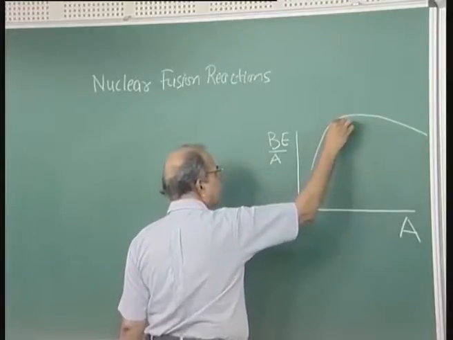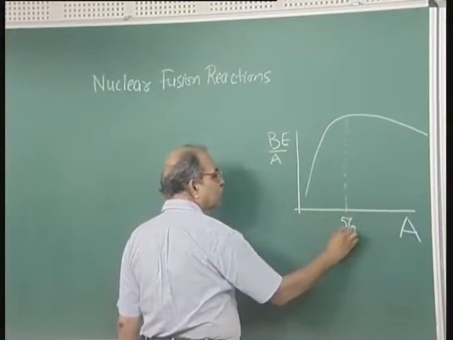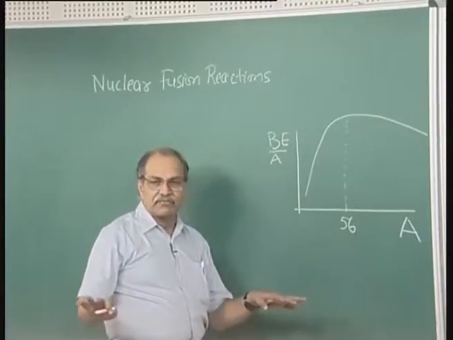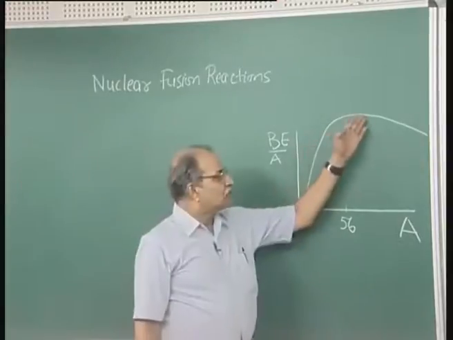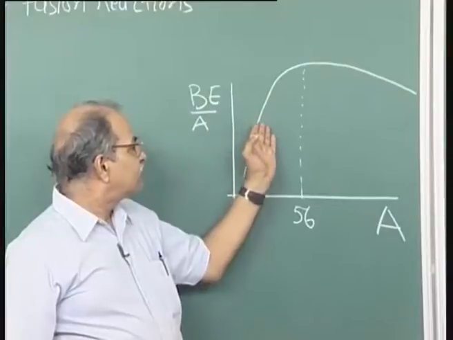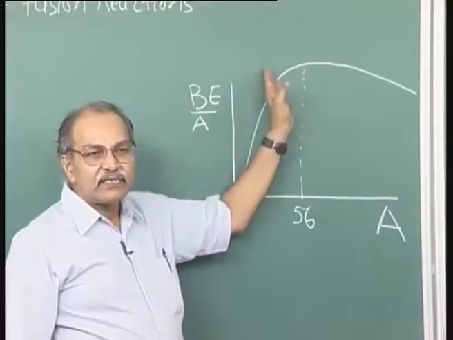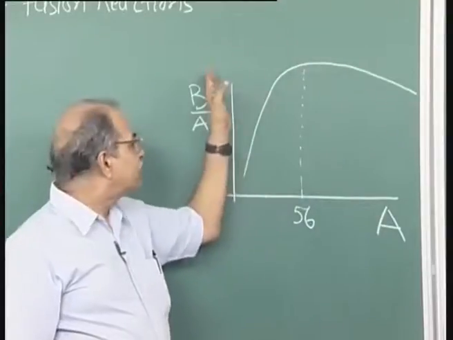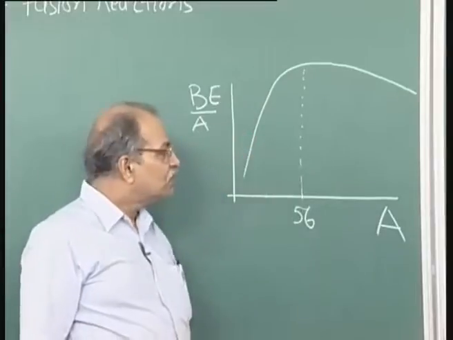This maximum occurs somewhere around this 56, 57, that is iron, nickel, that region. It does not go this smoothly, as you know very much. Different nuclei will have different fluctuations around this, but this is the general average behavior of this binding energy per nucleon versus A. We have used it several times by now.